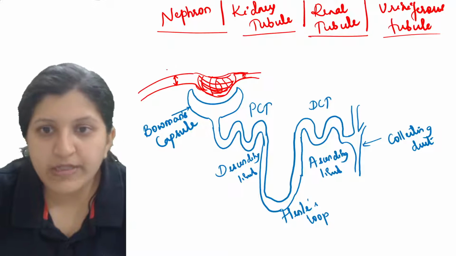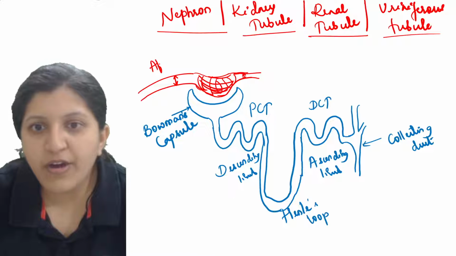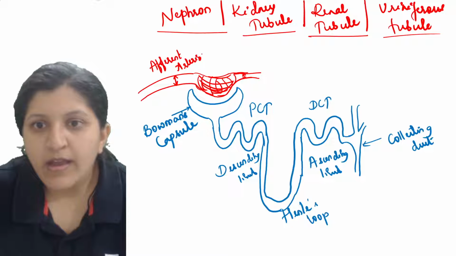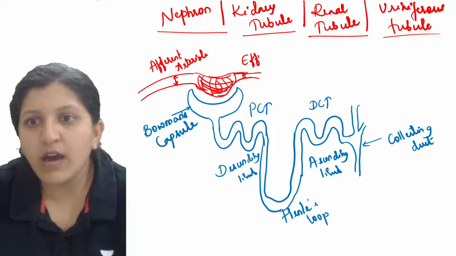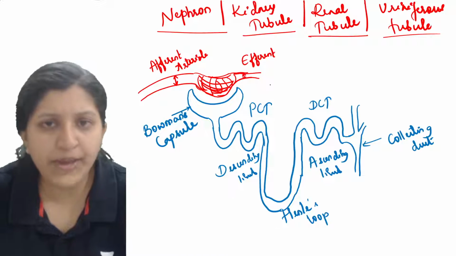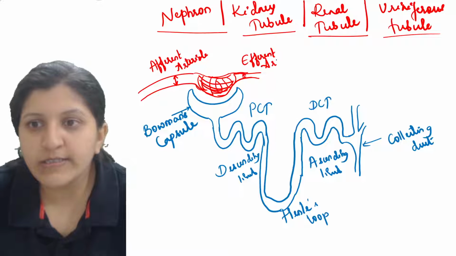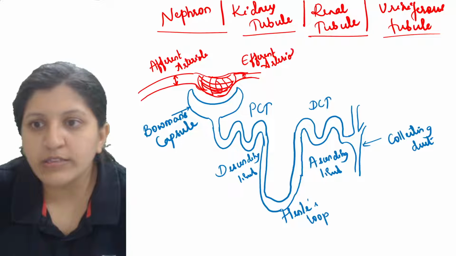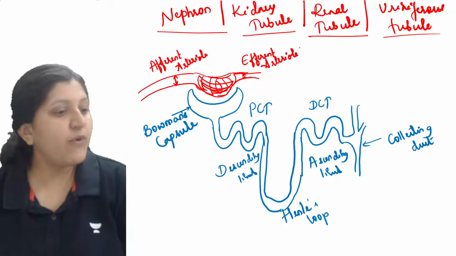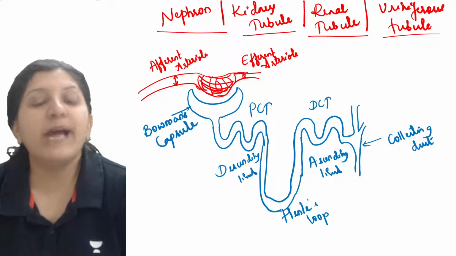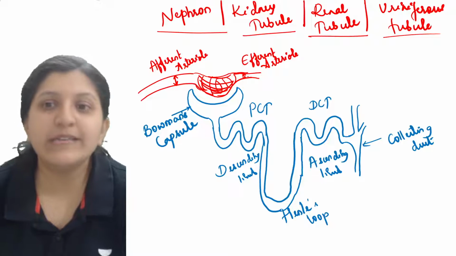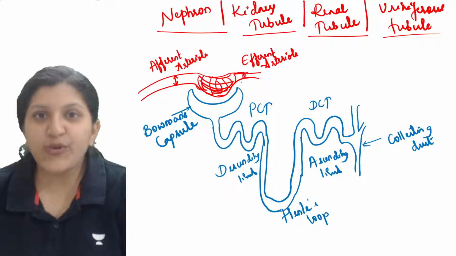So this is the afferent arteriole. Now the reason why the blood is getting filtered over here is this narrow space for the blood flow.